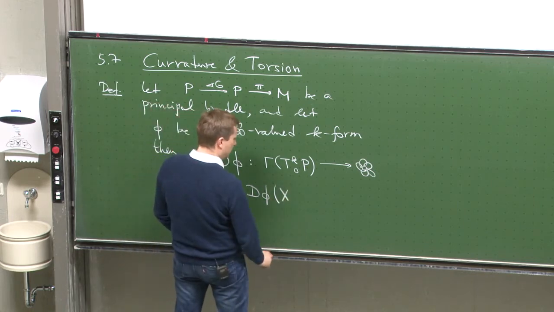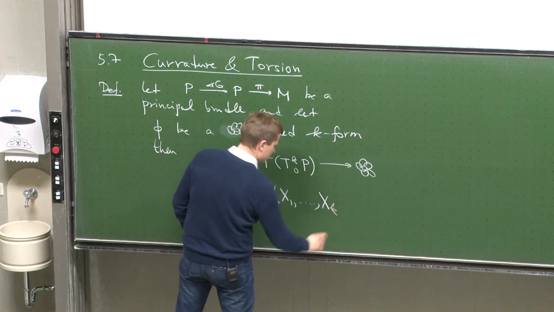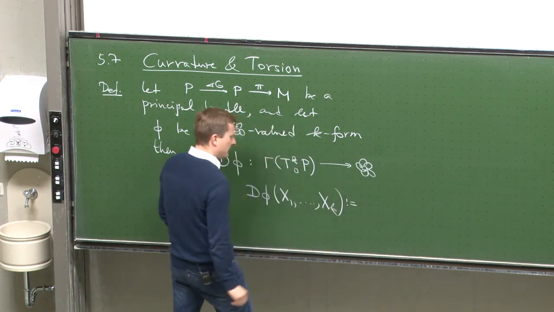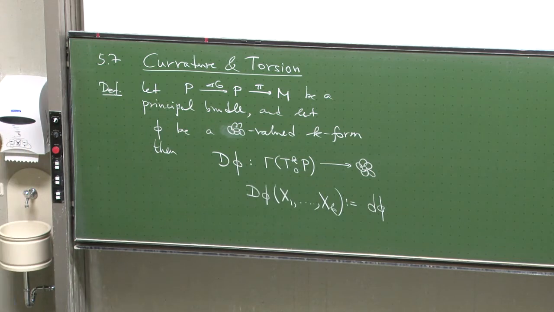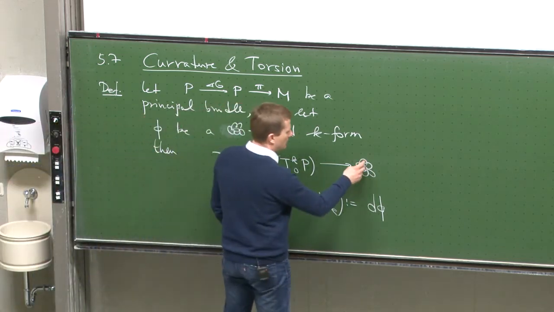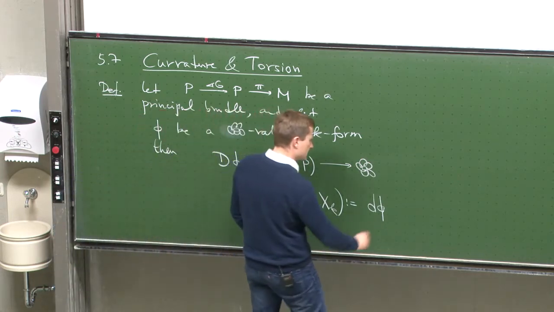It eats K vectors, so x1, or vector fields in this case, up to xk, and this is simply defined as the ordinary exterior derivative whose definition doesn't depend at all on what the space flower is.